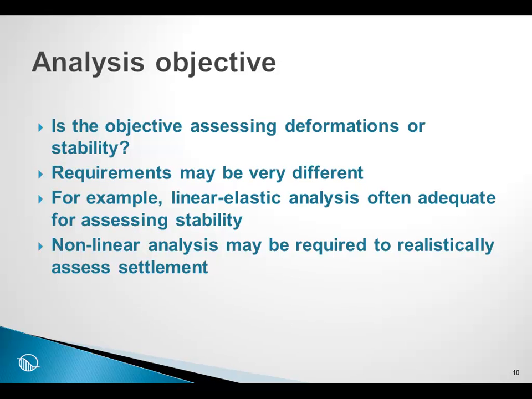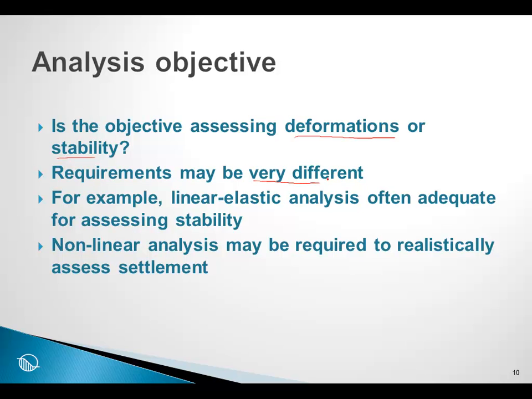When doing a sigma W analysis, it is important to have a clear mental picture as to the objective of the analysis. Most importantly, it is important to decide whether the objective is assessing deformations or whether the objective is assessing stability. The reason this is important is that the requirements for doing the analysis may be very different.